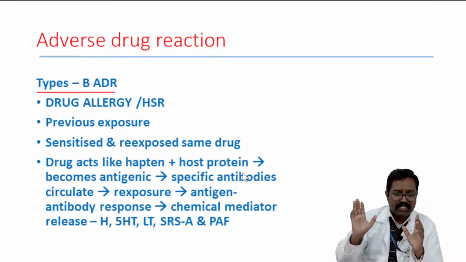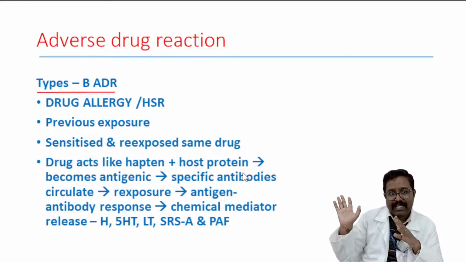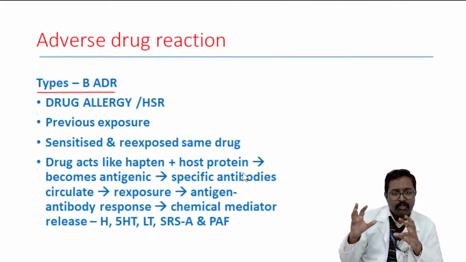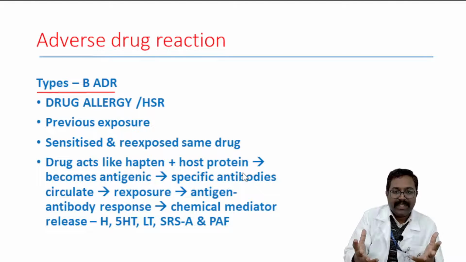So here you can see that the drug will act as a hapten, which will combine with the host proteins to become antigenic. The drug itself will not be antigenic.